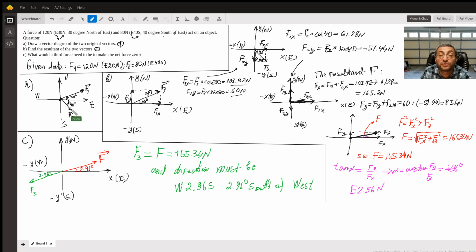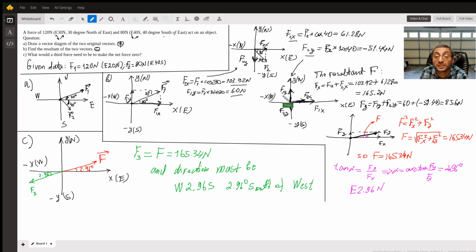Now let's do the F2 force. Again we put F2 here, and from these two right angle triangles we can find the F2x and F2y components. Now, in order to find the resultant force, because it says find the resultant of two vectors, we have to add the x and y components of the forces. So the x component will be F1x plus F2x, and Fy likewise, and we will find 125.2 newtons and 8.56 newtons.